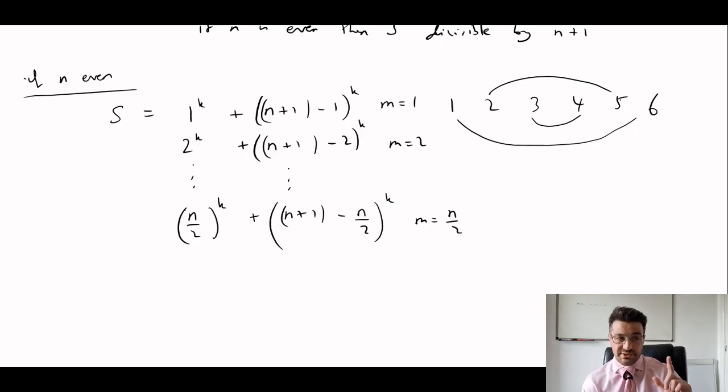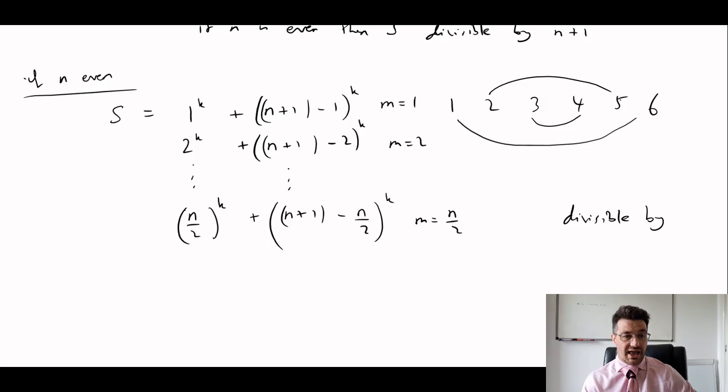N plus 1. So it's not n that I'm dealing with really here, it's n plus 1. N plus 1 is an odd integer. In particular, it's a positive integer. M is a non-negative integer. So therefore, the sum of each of these pairs of numbers is divisible by what?